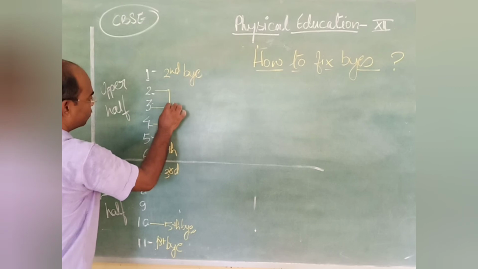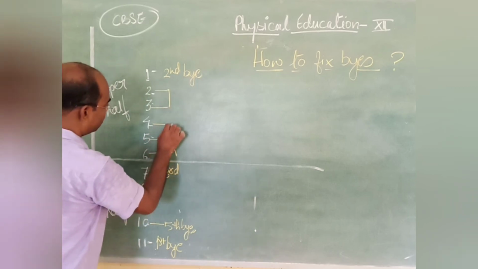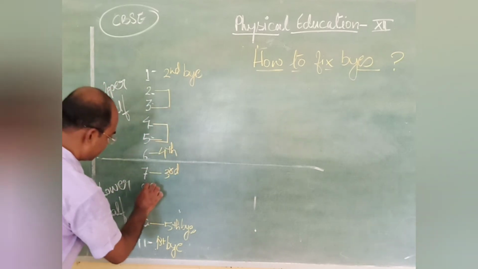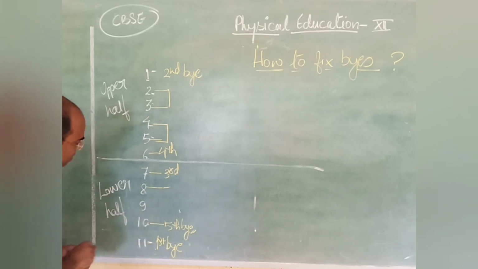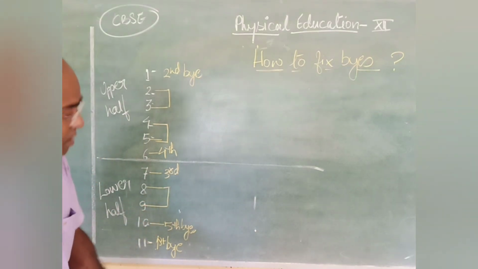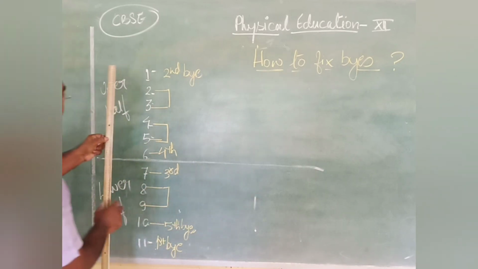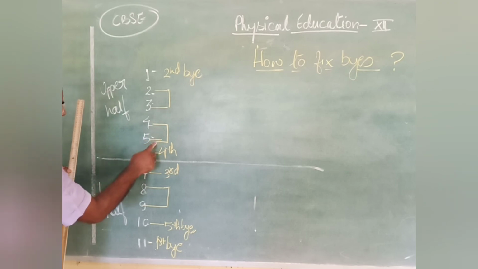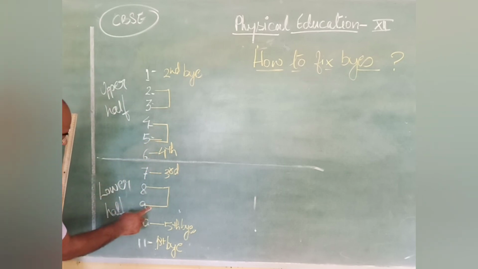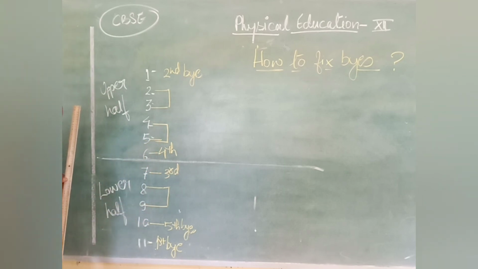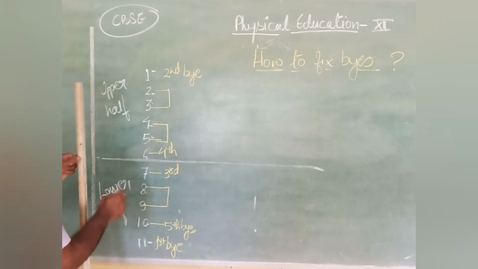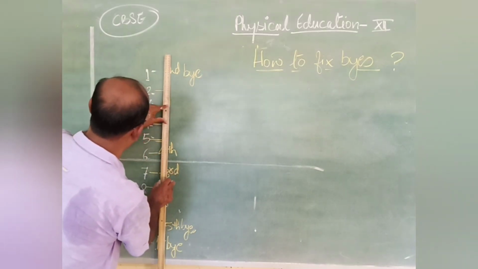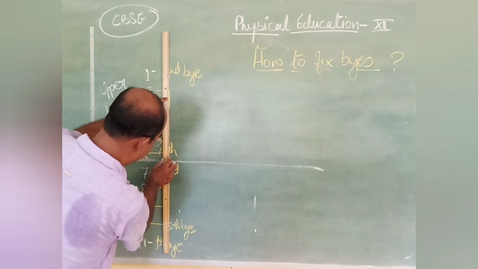So in the first round, okay, first round, what you can see here, 2 and 3 is playing match, 4 and 5 is playing match, 8 and 9 is playing match, and this is what we can see here.